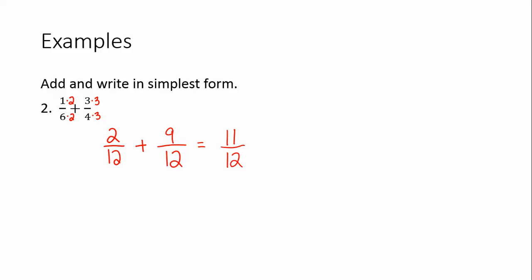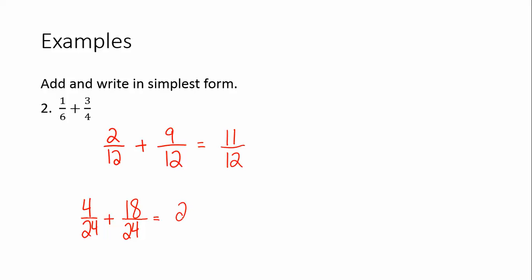Now I will show you that had you gotten a denominator of 24, you still would have gotten the same answer. What do we multiply 6 by to get 24? That's 4, so we also multiply 1 by 4. We multiply 4 by 6 to get 24, so we also multiply 3 by 6.